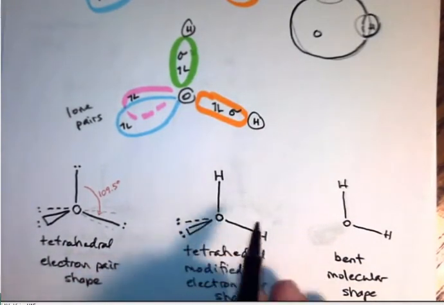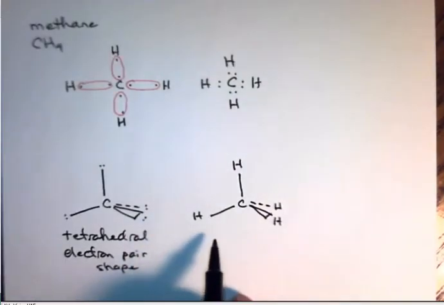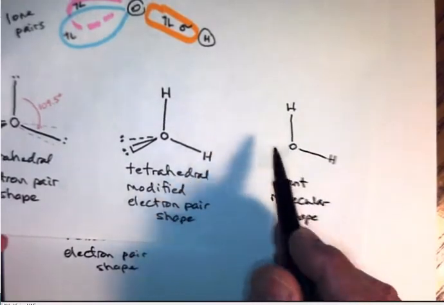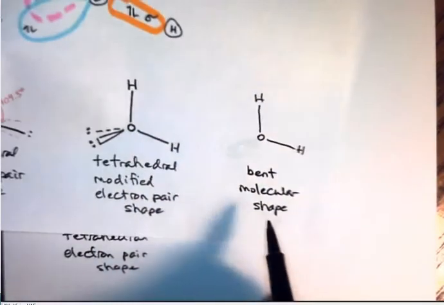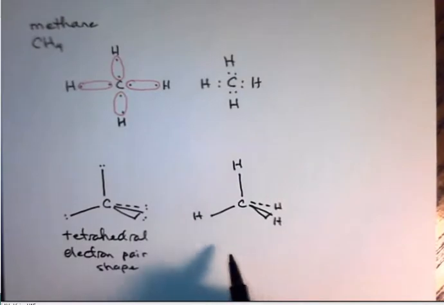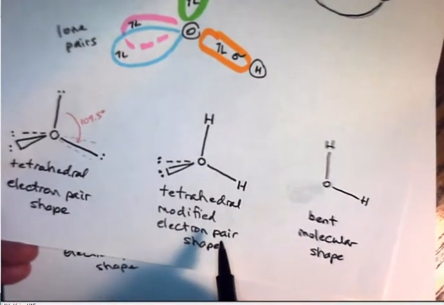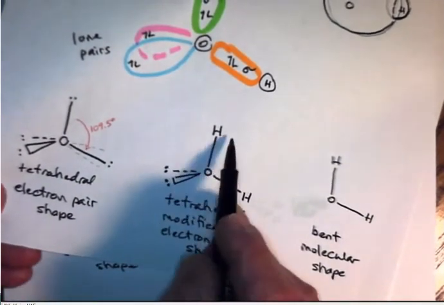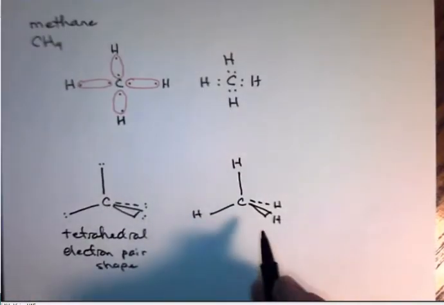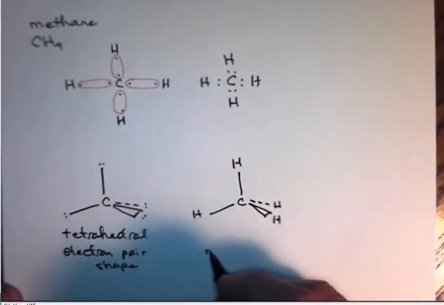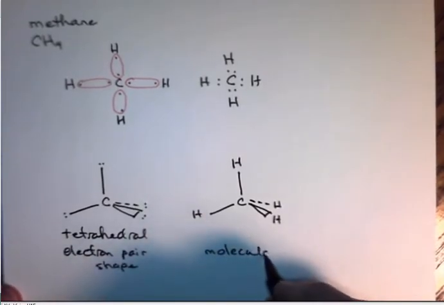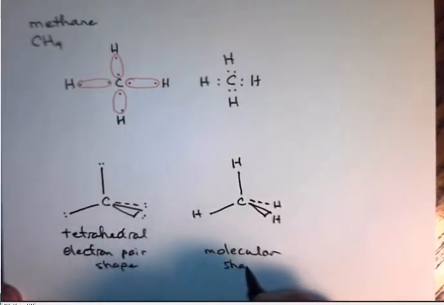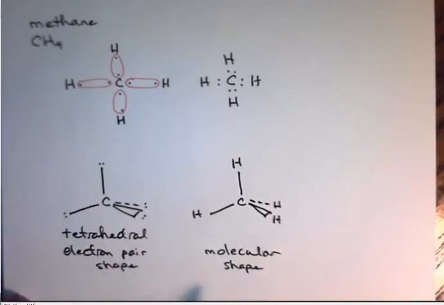Okay? In this case, there are no lone pairs left. And what I said earlier was, once we get to the point where there are no more lone pairs, then you've got a molecular shape. So this is the molecular shape. Okay? We're not even going to do a modified electron pair shape because we don't have a shape with both lone pairs like these two and atoms. Okay? So in this case, this is the molecular shape. And it has the same geometry as this, so it must be a tetrahedral.